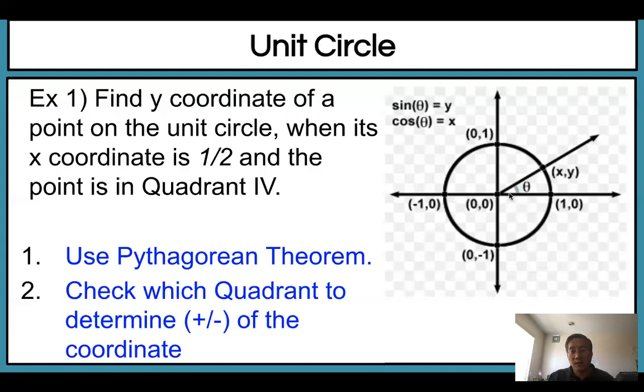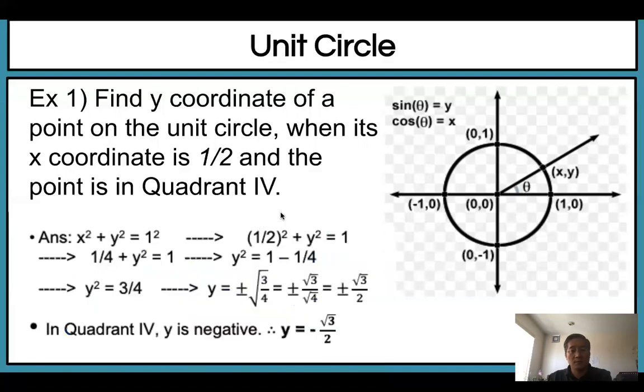The x is half, y we don't know, so variable y. What's the hypotenuse? 1. So how do you solve it? Now we are using the Pythagorean theorem, right? So let's go. x squared plus y squared is equal to 1 squared, because in the unit circle, x minus 0 is x.